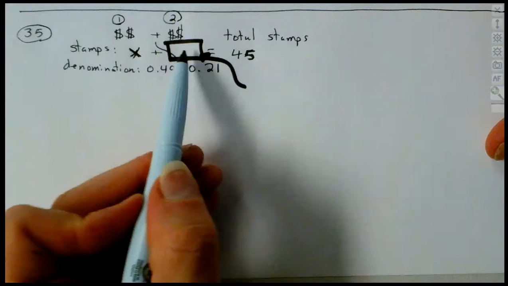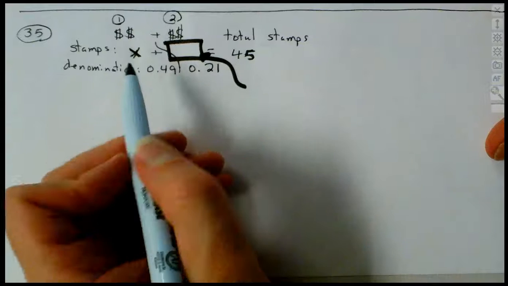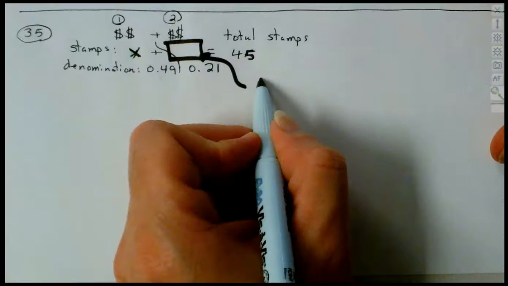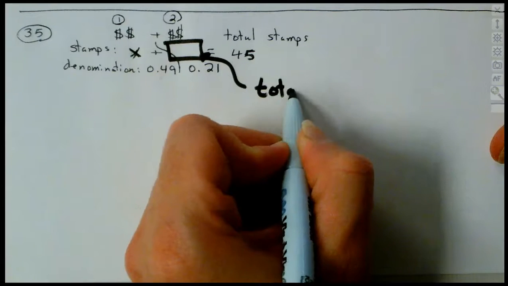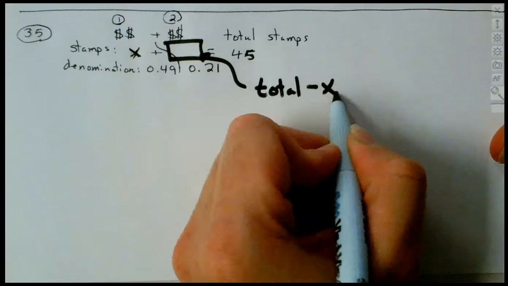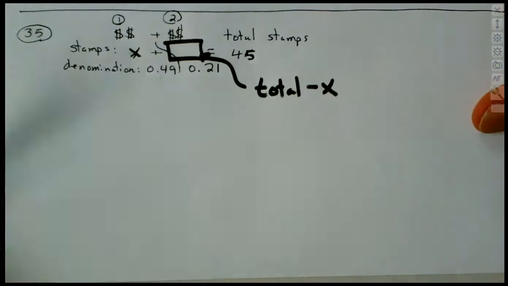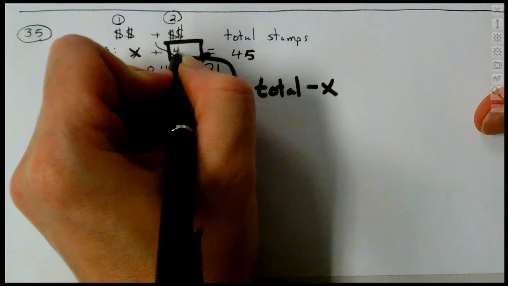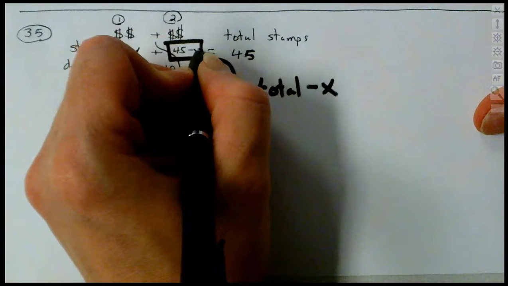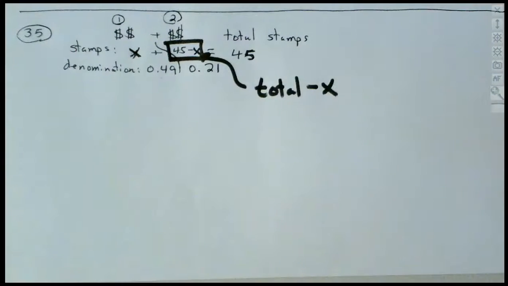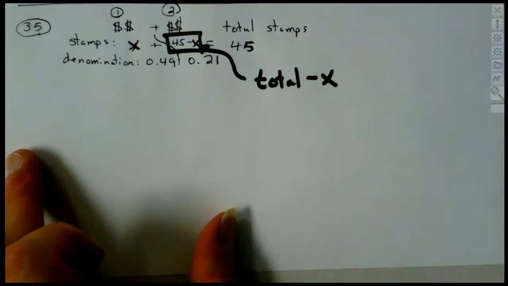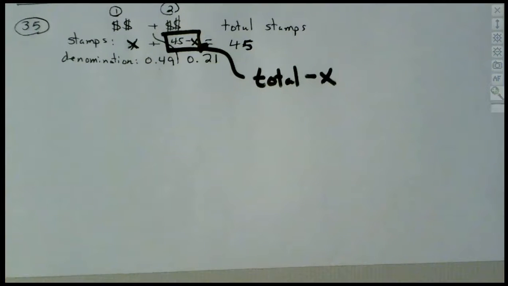And if we don't know the value of either one, we call the first one x, and the second one is the total minus x. Remember that? So this one then would be 45 minus x then. Because we know we have a total of 45 stamps, because that's what we're looking at.